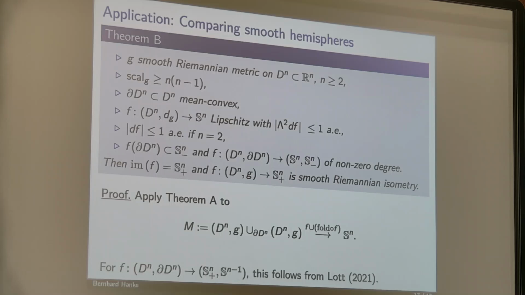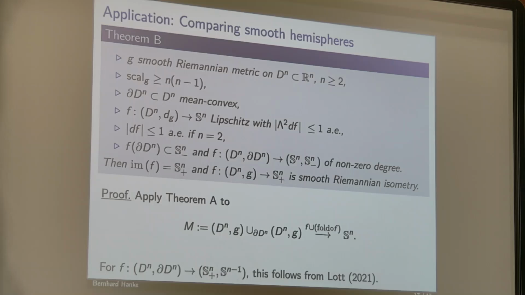So the ball is wrapped around the round sphere so that the boundary goes to the southern hemisphere, and the mapping degree of these two pairs of spaces, so the boundary goes to the negative hemisphere, I have to assume that this mapping degree is non-zero, and this means that the map really wraps around the northern part of the sphere in a non-zero degree way. And then it holds that f actually maps the disk to the northern hemisphere.